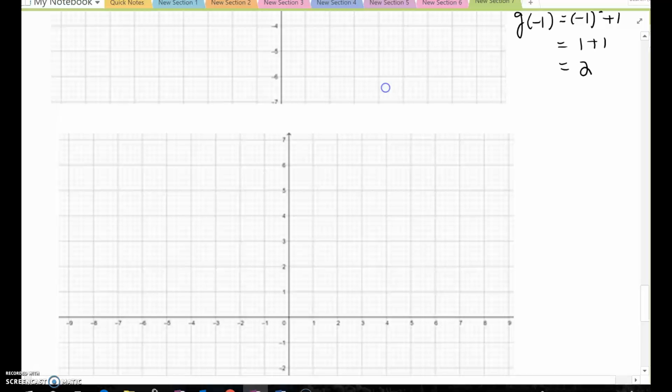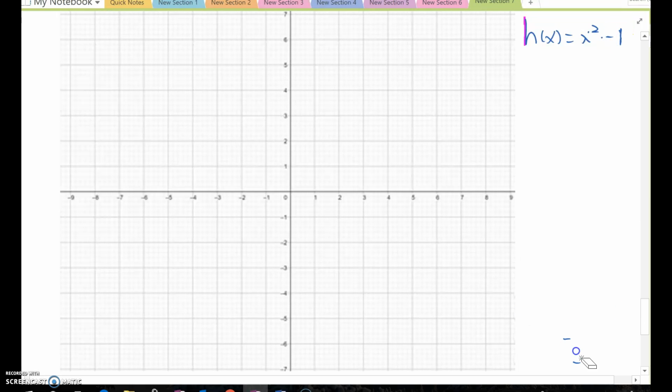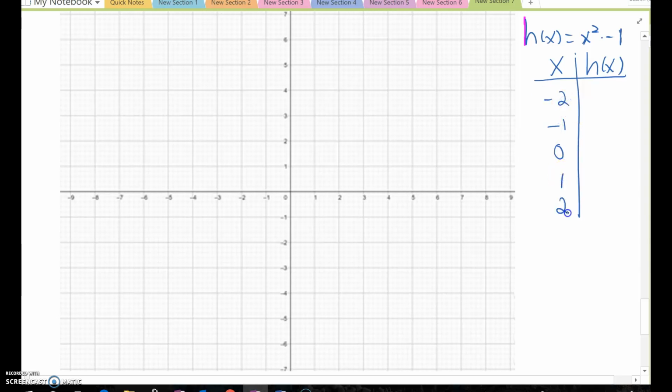Now next one here. So what about we find out h(x) equal to x squared minus 1. Similarly, we can do exactly the same procedure. So I'm gonna input certain x values, and then we can find their output values. So maybe 0, -1, -2, and 1 and 2 here.